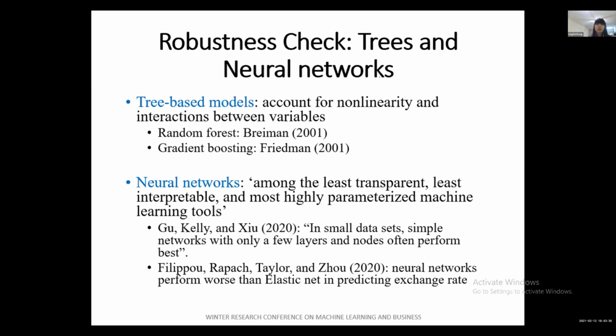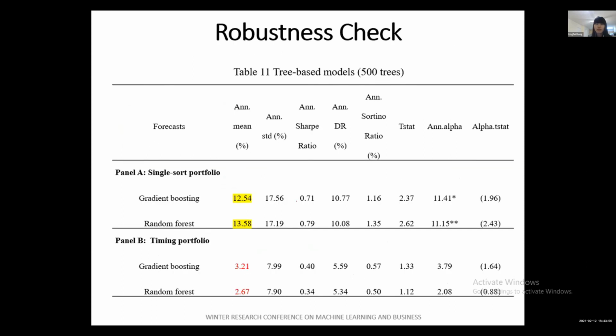Next, we try to explore tree-based models and neural networks, because these models account for non-linearity and interaction between variables. And for neural networks, we only consider one layer because our sample size is so small. Table 11 shows the results of tree-based models. The single sort portfolios perform okay, but the timing portfolio performs horribly.